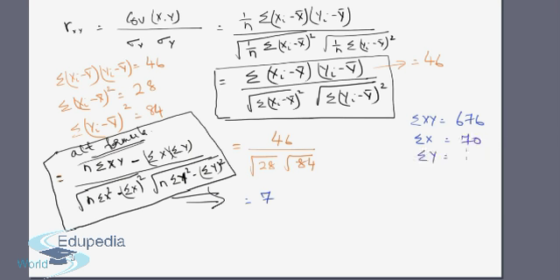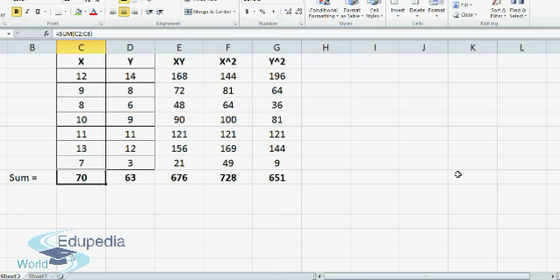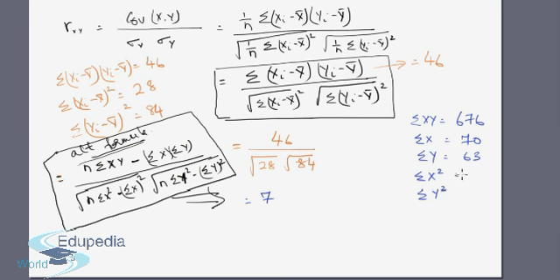Summation of y is 63. Summation of x square is 728. And summation of y square is 651. So now we have, and of course n is equal to 7, all the data.